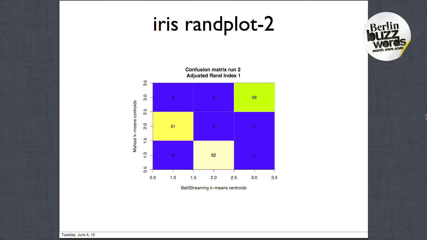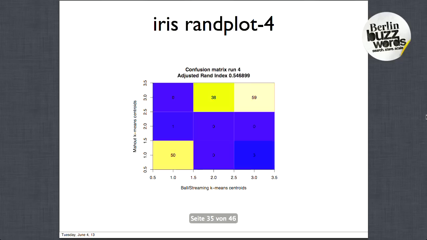Now, I actually did 5 runs of this to see how it works. And it sometimes doesn't work that well for Mahout's k-means, for just normal k-means. The problem is that in this confusion matrix, you're seeing the effect of a poorly chosen seed. Look at the first cluster in Mahout k-means. That basically has the second and third ball streaming k-means clusters lumped together, so it's 38 plus 59 points put in the same cluster.